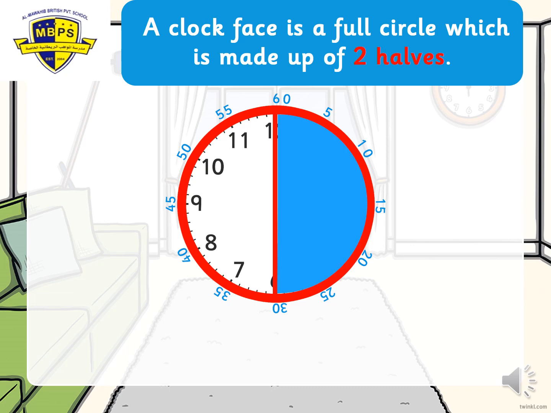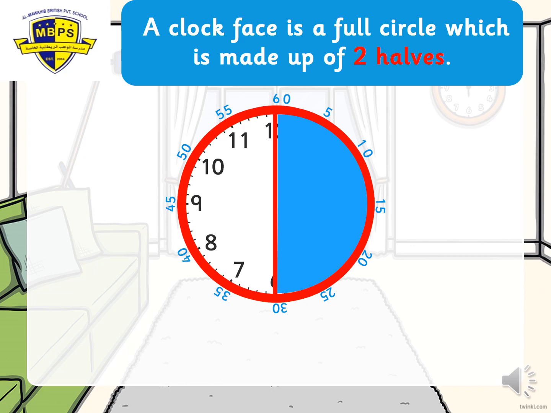In 1 hour, we have 60 minutes. And if I shade now only 1/2 of the hour or 1/2 of the clock, it shows until number 30. So in 1/2 I have 30 minutes. But if I have shaded all the clock, how many minutes will I have?